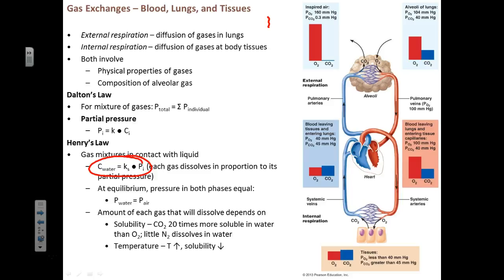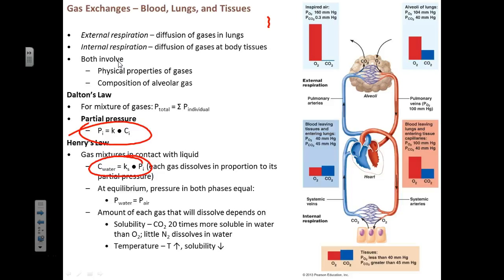Second, Dalton's law tells you that the partial pressure of the gas is a measurement of its concentration. So the higher the concentration of gas in the mixture, the higher its partial pressure.